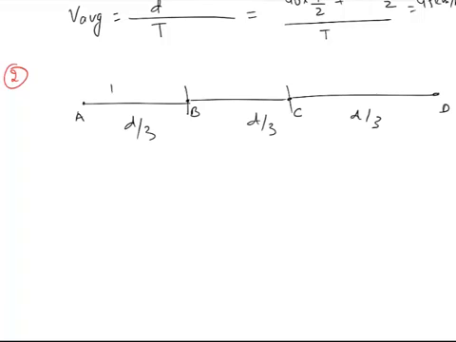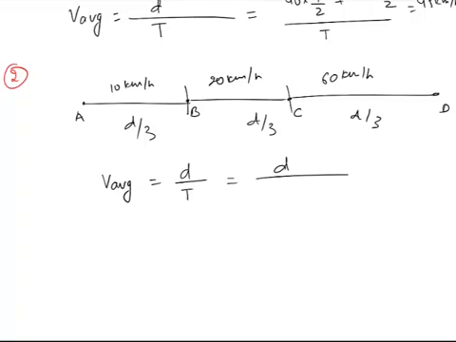This distance is traveled with 10 km per hour, this is 20 km per hour, and this is 60 km per hour. Now we have to find again the same thing, average speed, which equals distance over time taken. Now the distance is D only, but the time taken is T1 plus T2 plus T3.